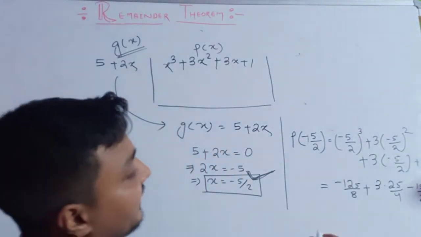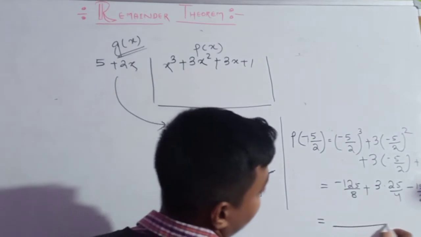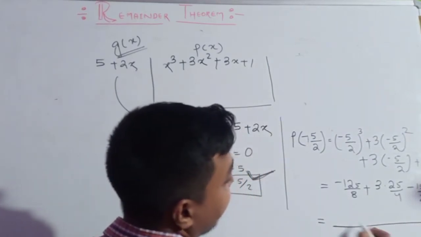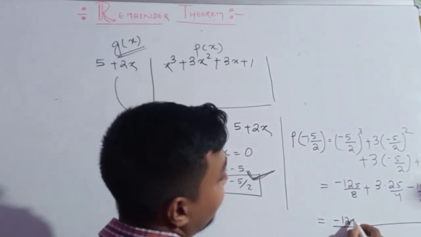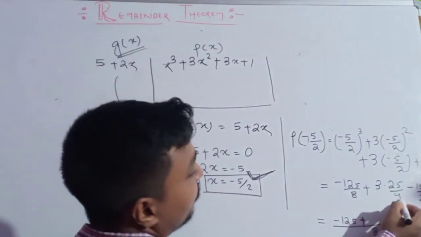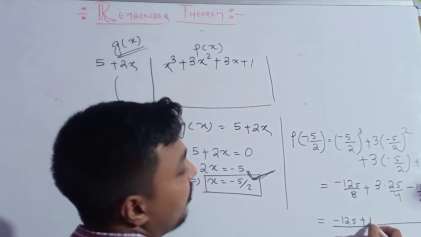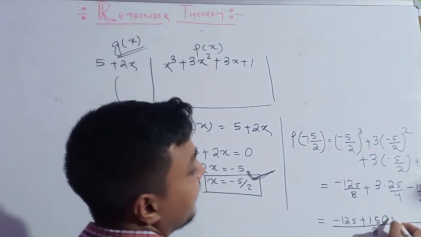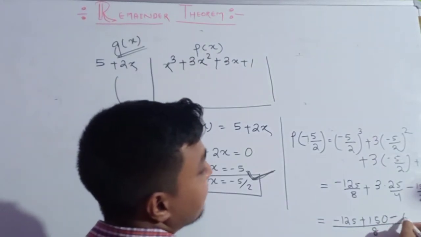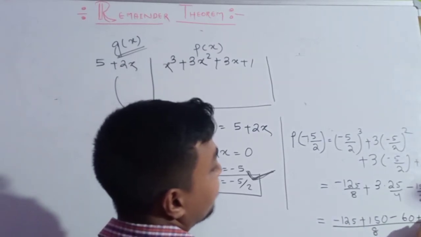In the next step you have to take the LCM, which is 8. Minus 125, plus 25 into 3 is 75, into 2 is 150, minus 15 into 4 is 60, minus 60, over 8.